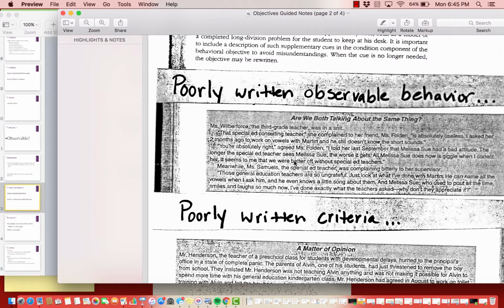So in this case, Ms. Wilberforce's behavioral objective was that the student will be able to say aloud each vowel sound, whereas Ms. Fulton thought the intention was that the student will be able to vocally name all of the vowels. So Ms. Fulton thought it was naming the vowels. Ms. Wilberforce meant the student will be able to know the vowel sounds. So that's just an example of why it's important to have a clear, truly observable behavior.